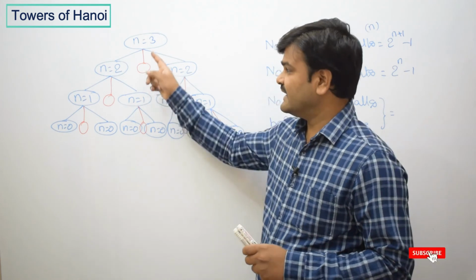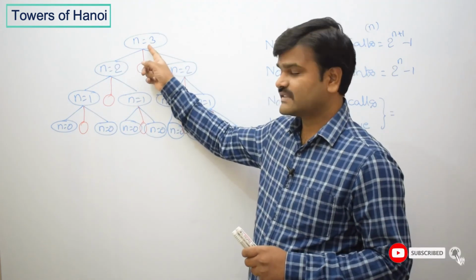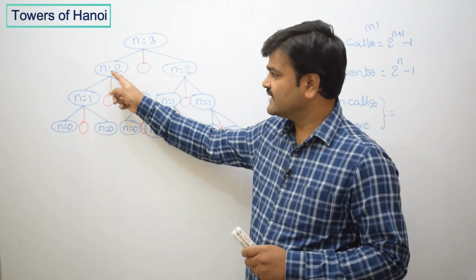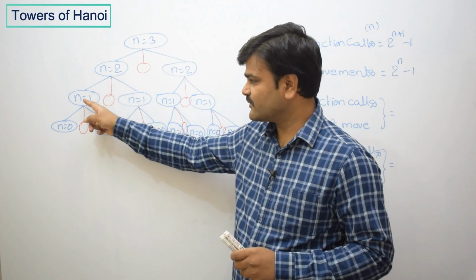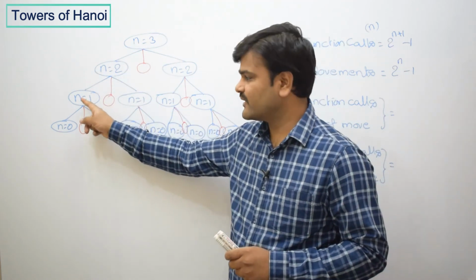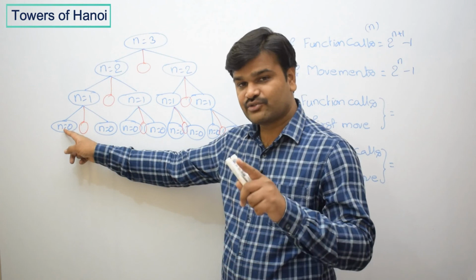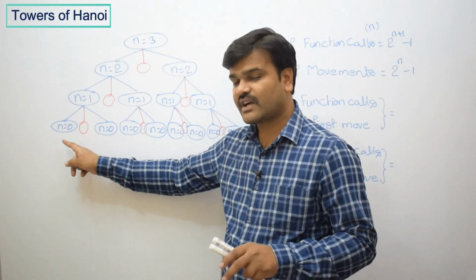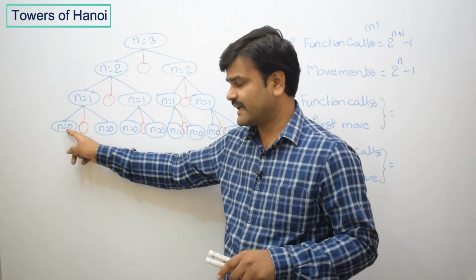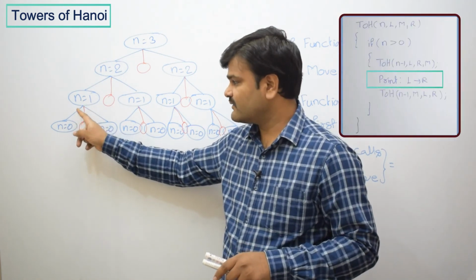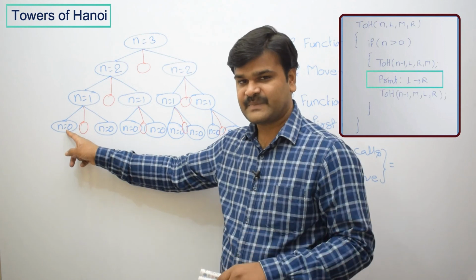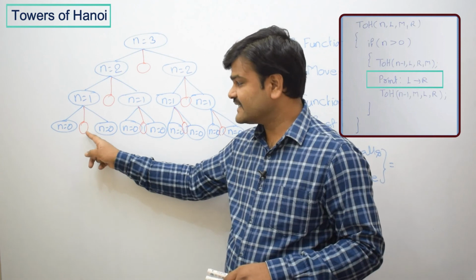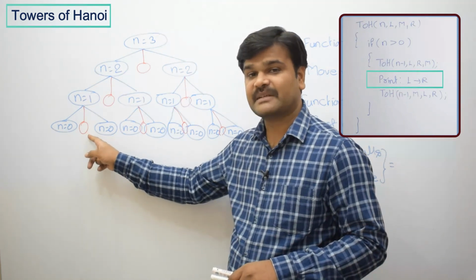When n is 3, this is a function call, we came to this part. When n is 2, this is again a function call, and here a function call. When n equal to 0, a function call happened, because n is 0, the condition is false, you simply came back. So when n equal to 1, the first statement is completed. That means you are going for the second statement, and in the second statement the first movement happens.